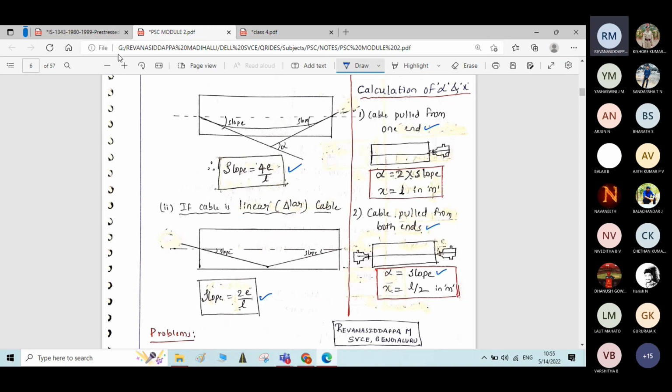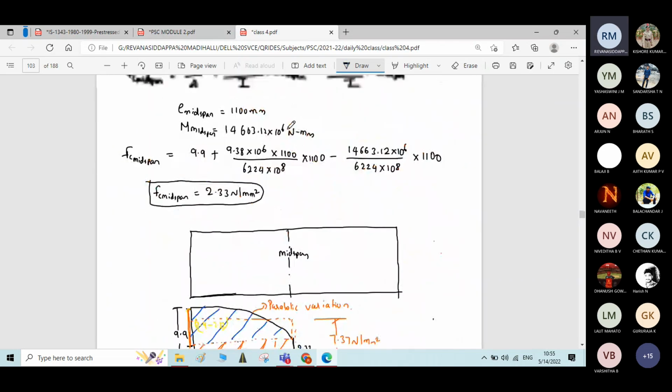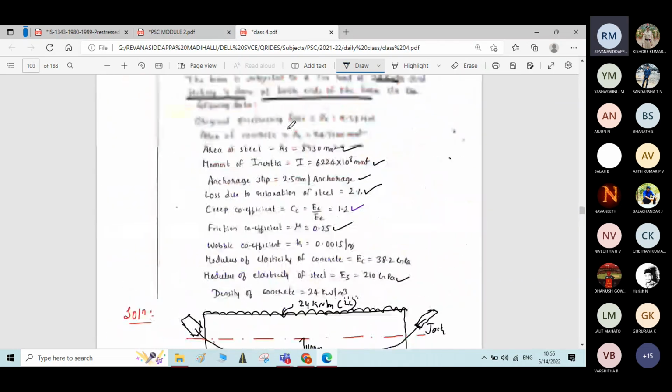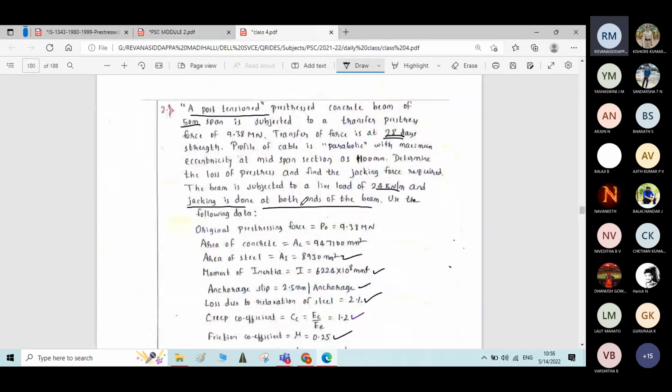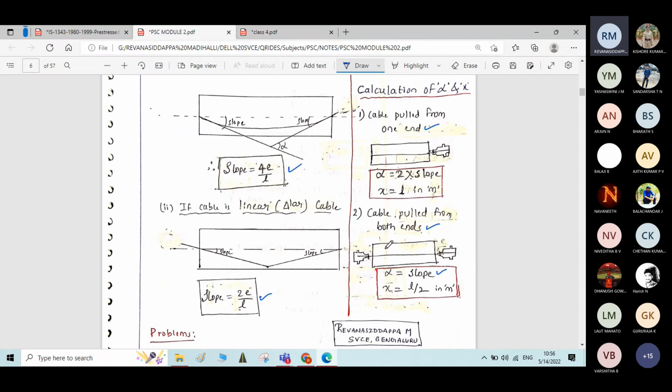In our problem, he clearly says that the jacking is done at both ends of the beam, meaning the cable is pulled from both ends. So we have to utilize this second condition, that is, alpha is equal to slope and x is equal to L by 2, and this slope is calculated based on the cable profile.